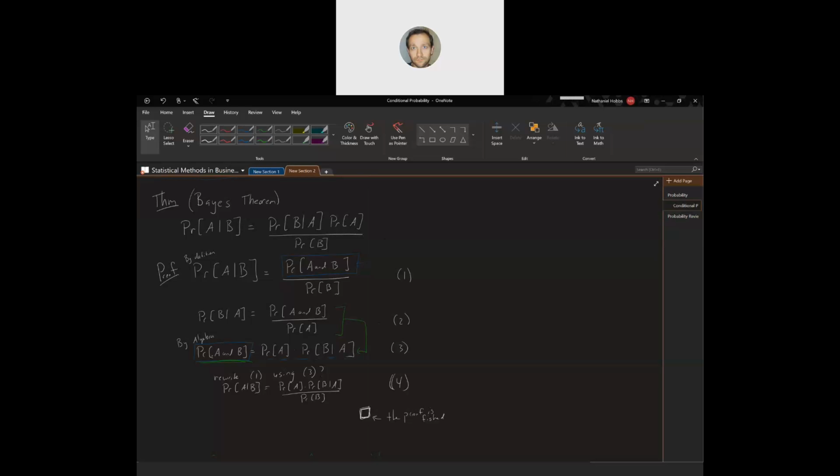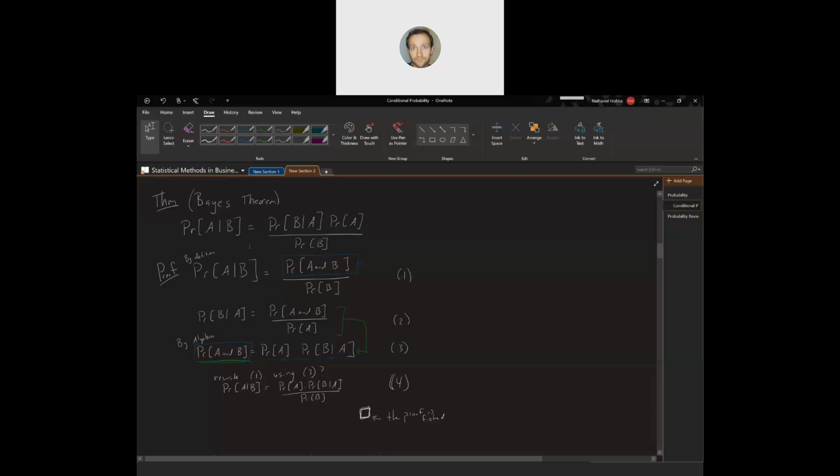So this is a very important equation that's used a lot, especially in sciences, where it's considered updating your beliefs, I guess.